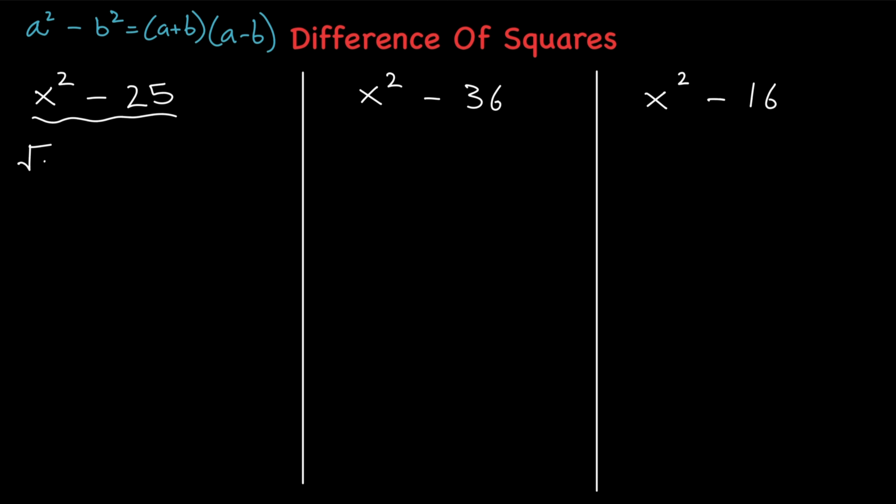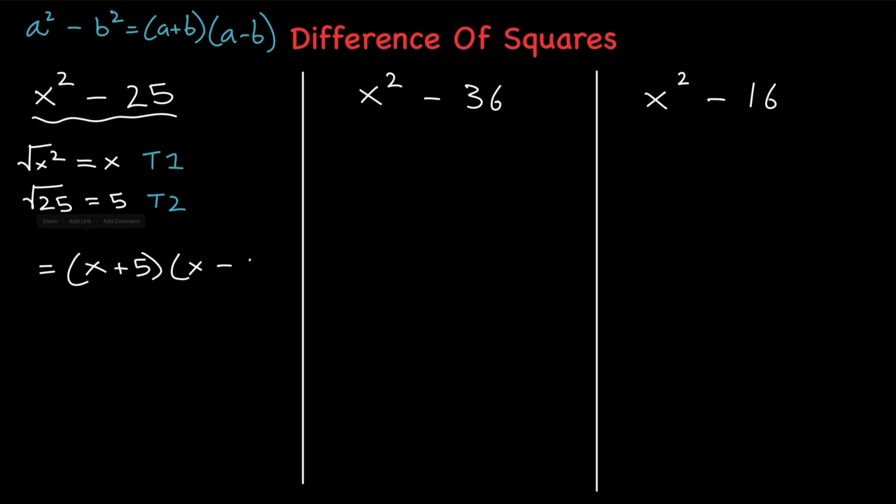The square root of x squared equals x, and the square root of 25 equals 5. So x becomes our term 1 and 5 becomes term 2. So now we can write the factorized form, that is x plus 5 multiplied by x minus 5.